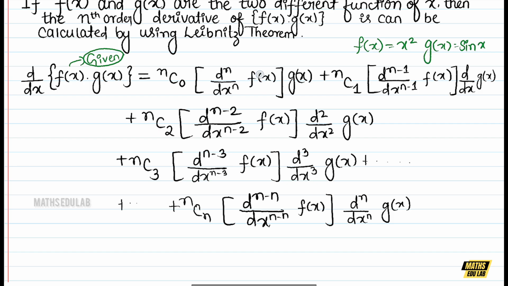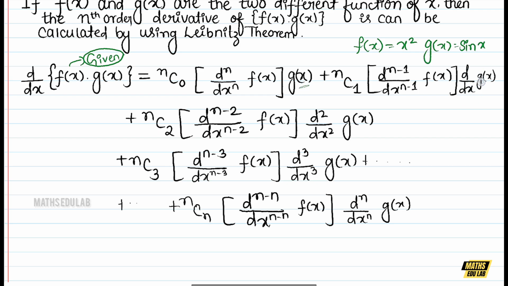That means we have to do the derivative for the f function, and g(x) remains the same for the first term. Then plus nC1 derivative of n minus 1, that means one step is decreased here. The derivative decreases to n minus 1 of f(x), and then g(x) gets differentiated in this step.